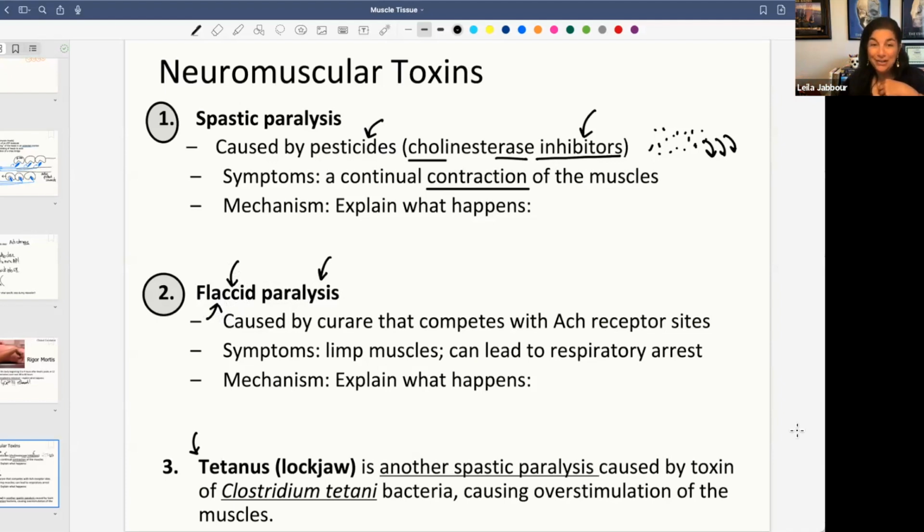So curare is a poison that used to be used by Aborigine populations in the Amazon, I think. It's a poison they would put at the end of their arrow tips.